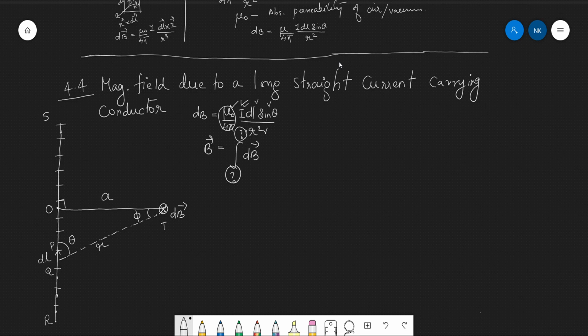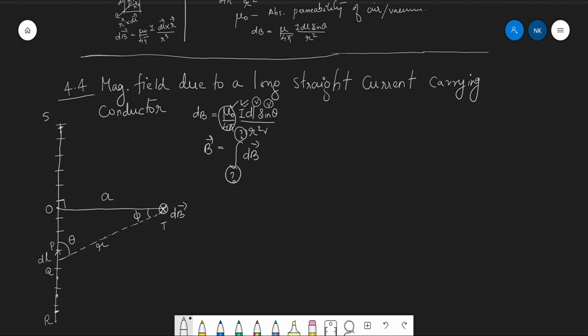Variable in the sense that this dl vector, r vector, and theta are going to have different values while moving along the wire, isn't it? So I have three variables. The question arises: as a function of which variable am I going to integrate this?